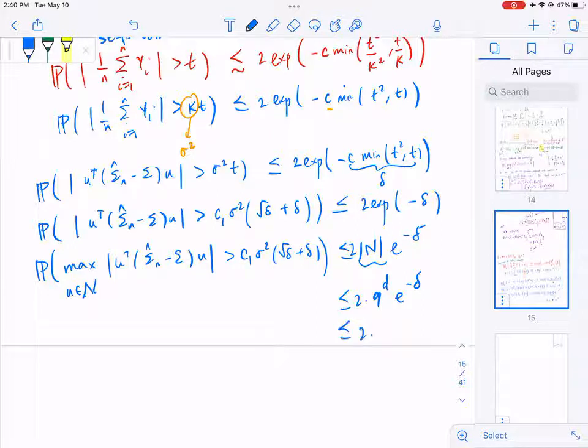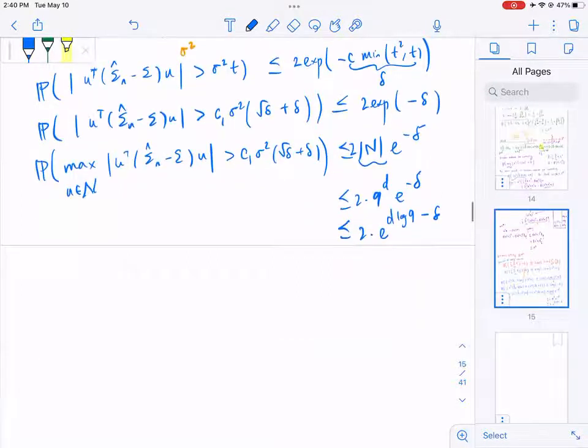That's what you do. So e to the d log 9 minus delta, okay? So next what?